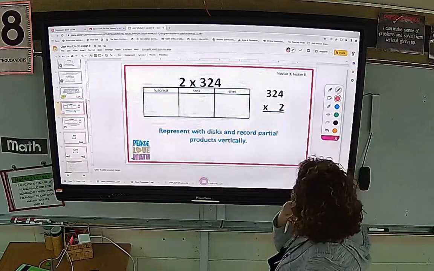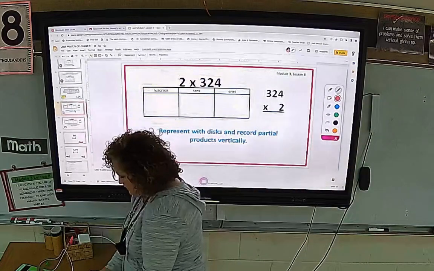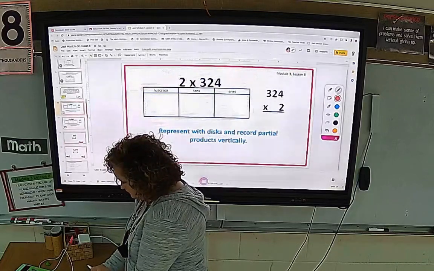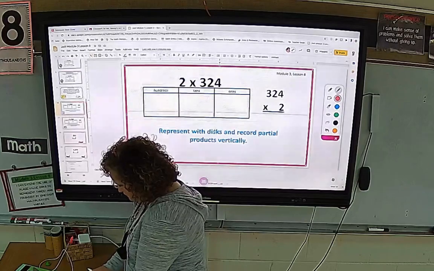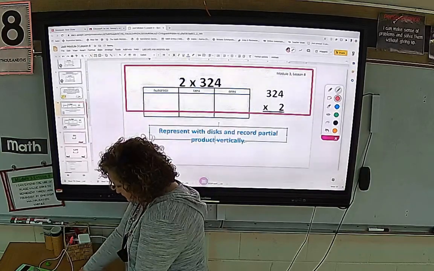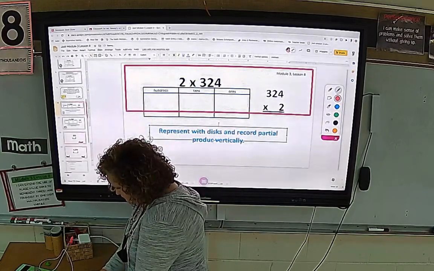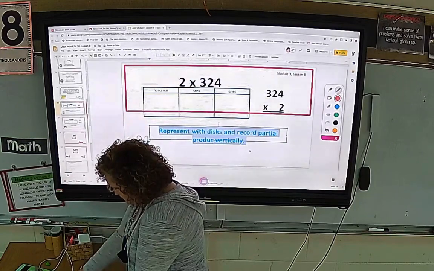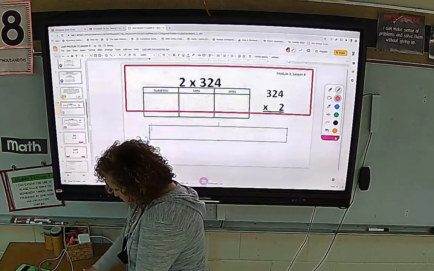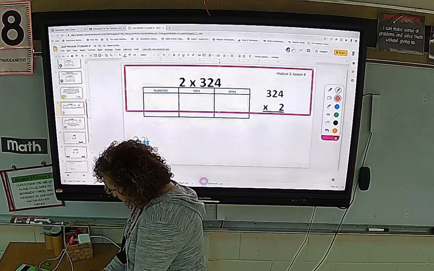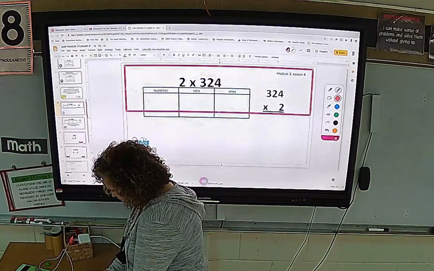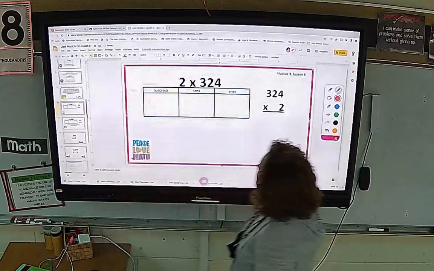We just got to have a little space. Here we go.